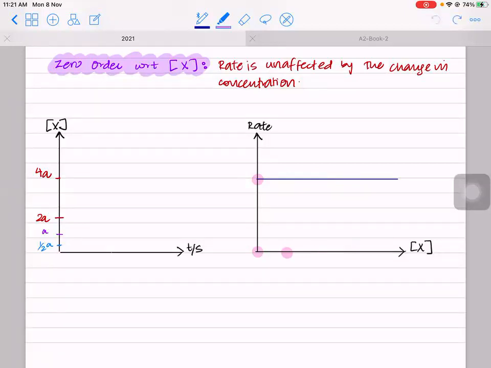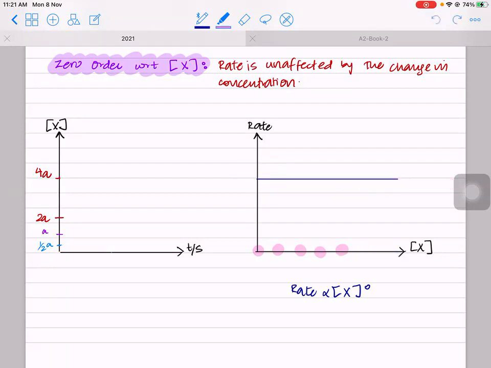Yeah. So if you have a rate concentration graph, and if it is a horizontal line like this, that means rate is zero order with respect to X, or zero order with respect to this reactant. Because you see, you are changing the concentration of X, but rate remains unchanged. Do you see that?